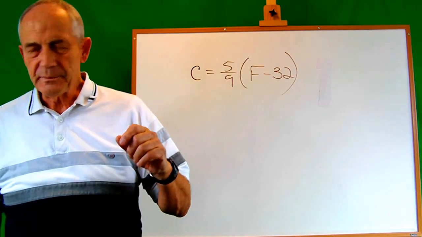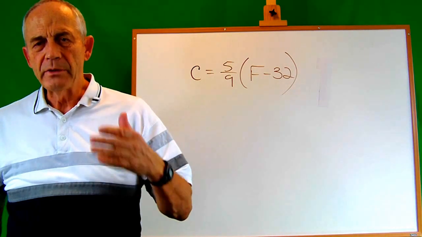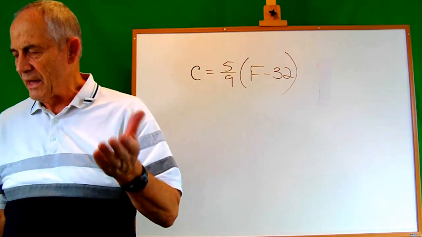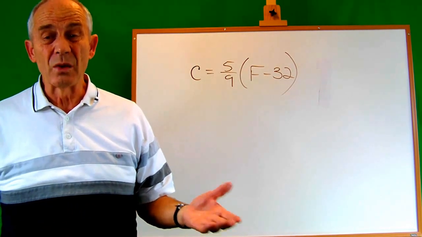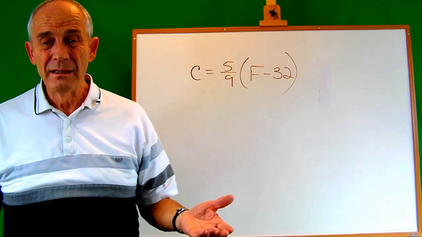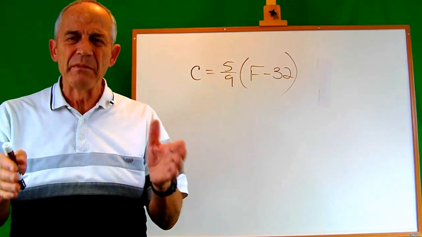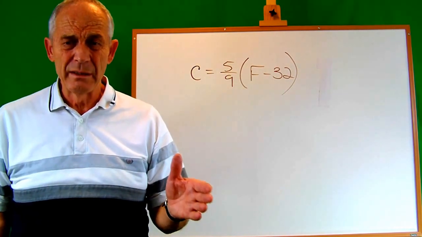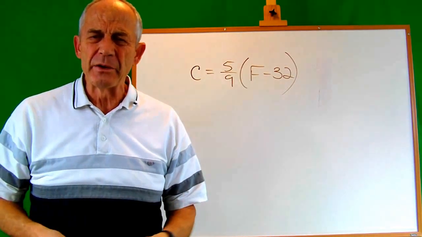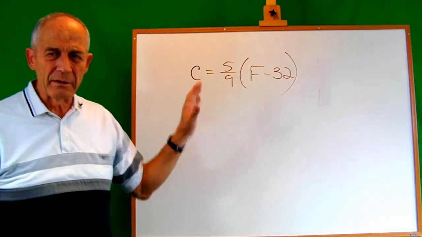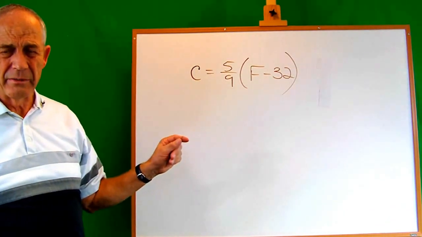So, if you're talking to a friend and you tell them that it's 77 degrees where you are, they're going to think it's horribly hot. So if you want to be able to communicate with them and have them know exactly what the temperature is in words and in numbers that they can understand, then you're going to have to convert your Fahrenheit reading to their centigrade reading.